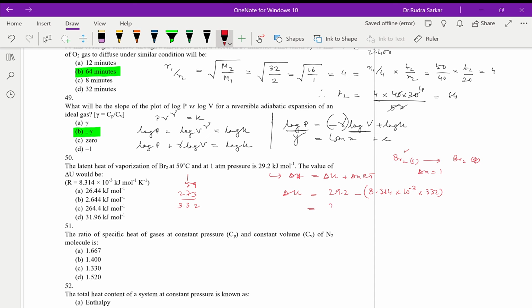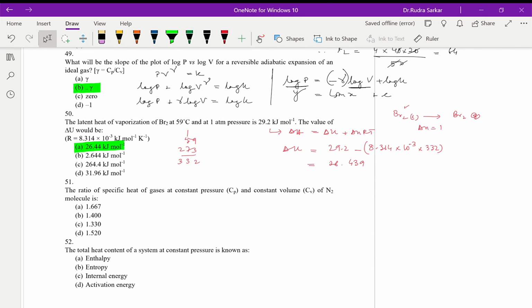So it is coming out to be 26.439, around this much. So I will say the answer over here is this one.